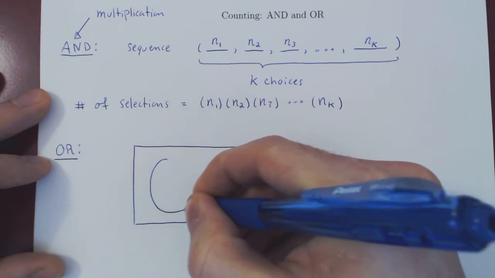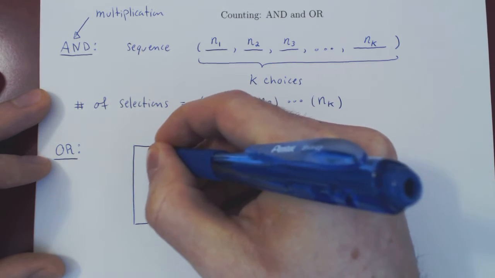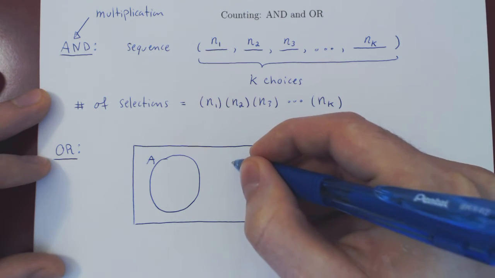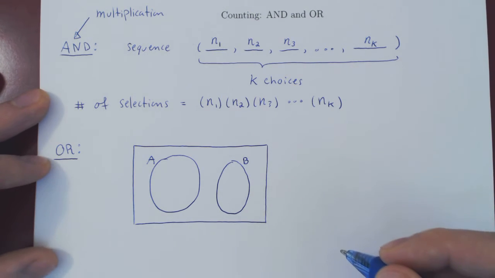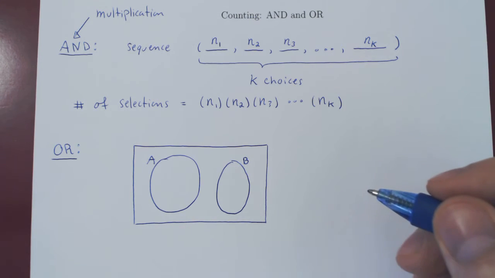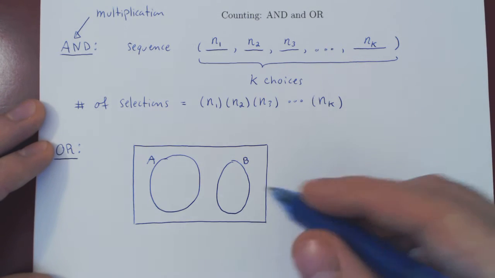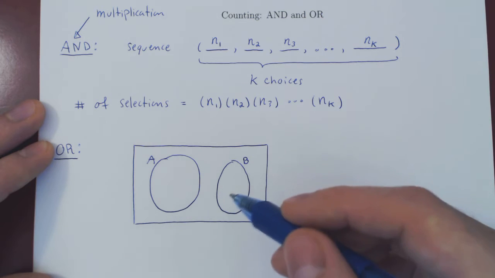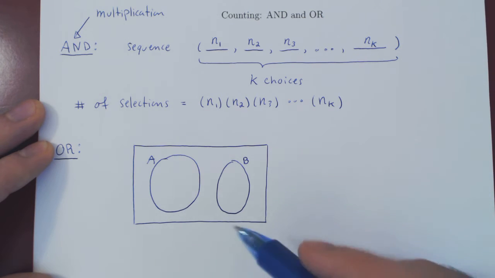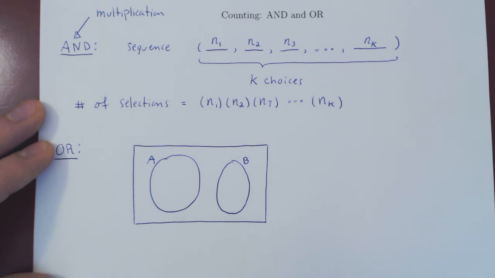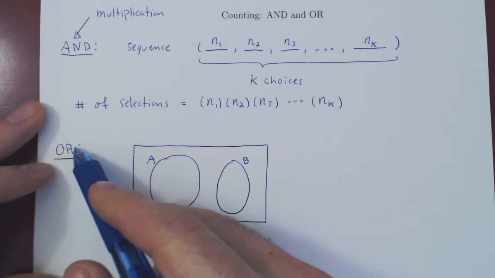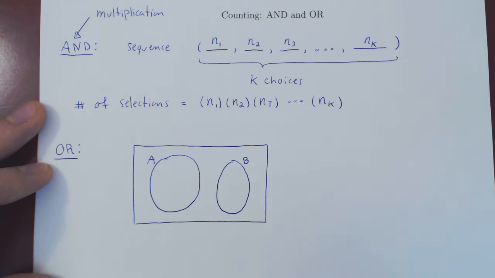So we have our first set A and our second set B. And again, suppose you say we want to count the elements that are coming from A or coming from B. So it means that we have to add those elements with those elements. But again, the word or refers to union.